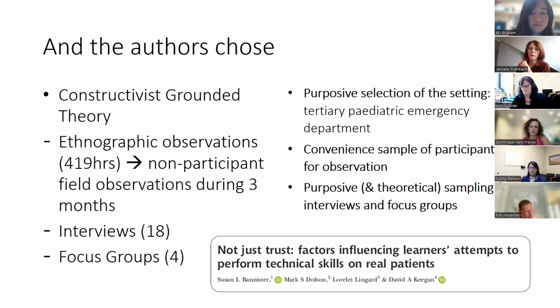So multiple data collection methods are possible for questions such as this one. I think the authors here did a nice job because combining, doing this triangulation, gave them a much richer picture about the phenomenon compared with doing only an observation or only an interview study. So it's a matter of choice what you go for.